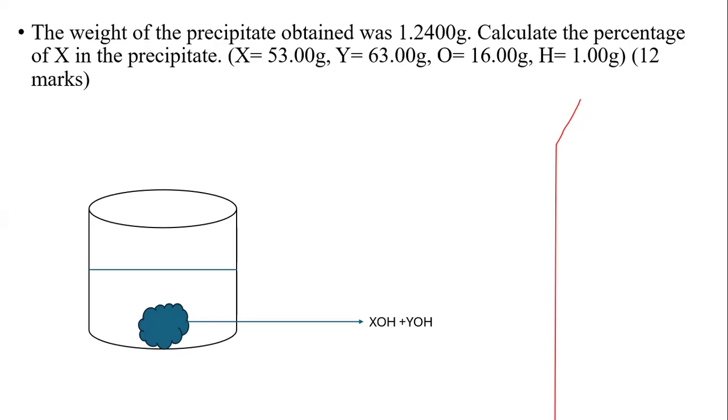For an example, in 1 mole of XOH, how many moles of X are there? It's 1. It's just XOH. So you get the number of moles of X.